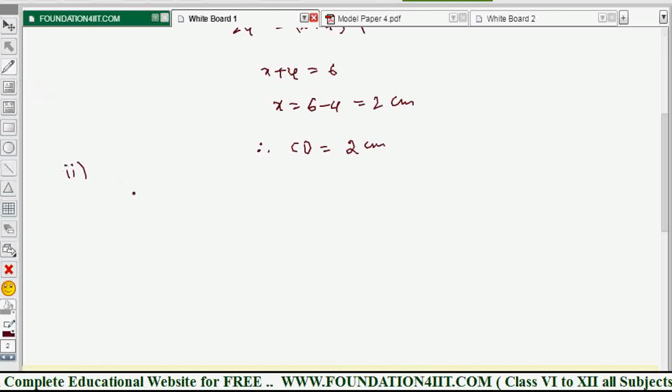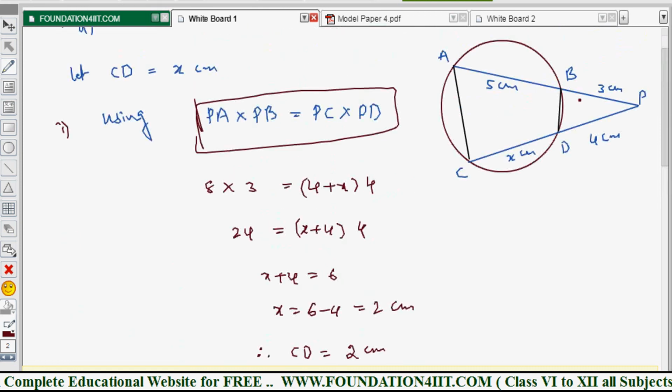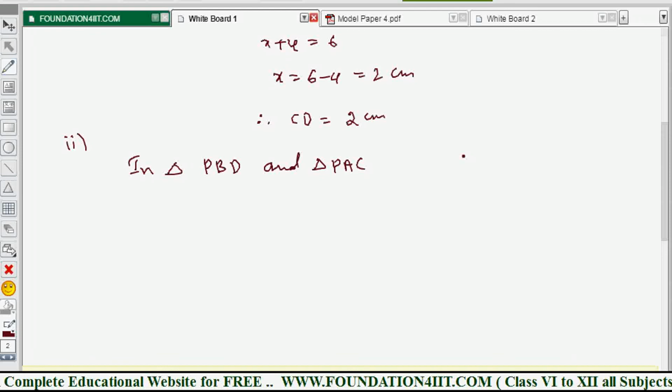Now I join both AC and BD. So in triangle PBD and triangle PAC, PBD is the small triangle, PAC is the complete, the big triangle. Let us prove both are similar.